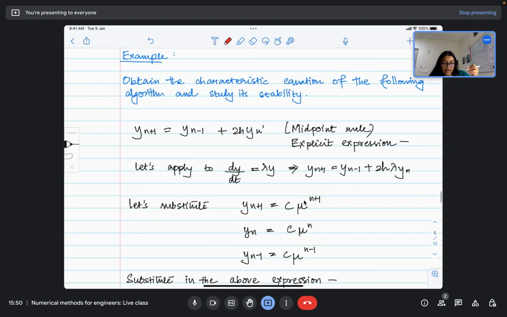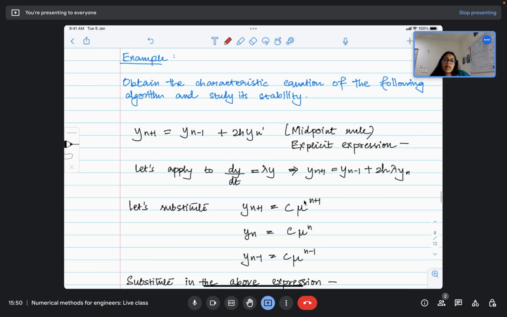Let us see one example in order to understand how we actually evaluate the correct root and understand whether the technique is stable or not. So, let us obtain a characteristic equation of the following algorithm. This is the algorithm that's given to us, and study its stability.